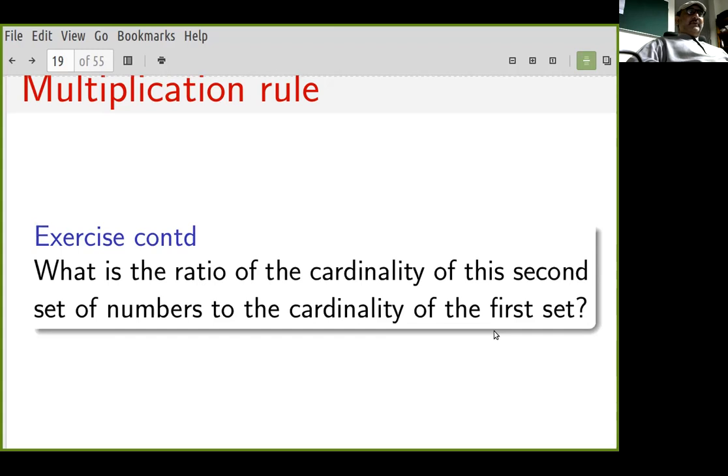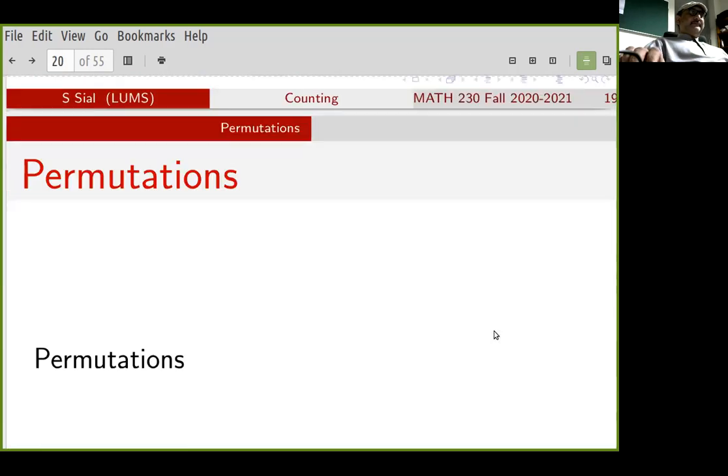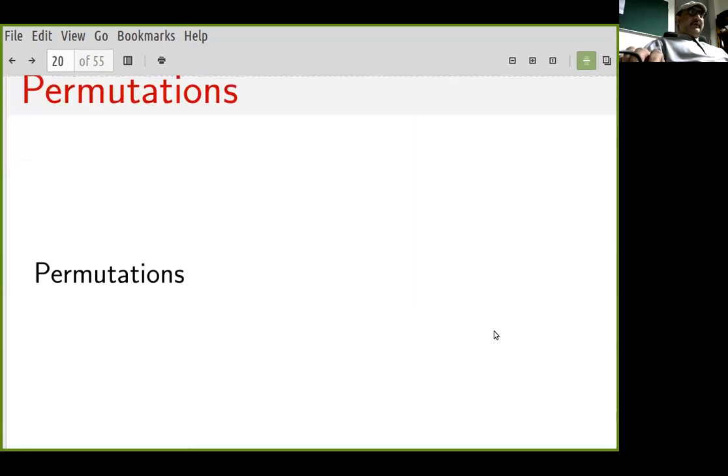And then when we insisted that we had to have a 2 in the first digit, then there were 8. So 8 over 72, 1 to 9. All right. So we need to keep the multiplication rule in mind sometimes.